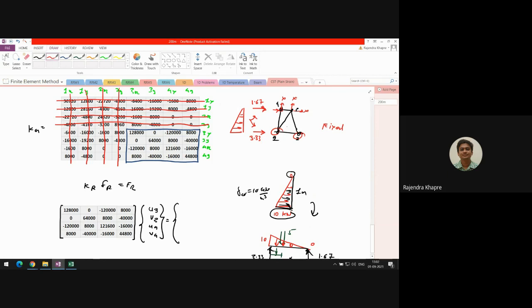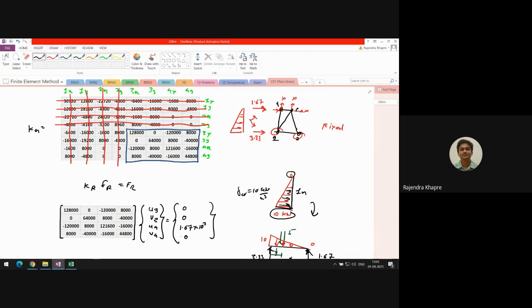So at node number 3 there is no force in the x direction and no force in the y direction, but at node number 4 we have a force of 1.67. This is in kilonewton, so I'm just putting it as 10 to the power 3. As far as the y direction is concerned, it is 0. I hope this is clear to everybody now.